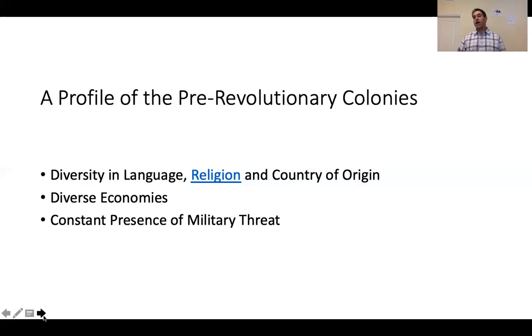It turns out that because of the linguistic diversity, it wasn't clear exactly what language the Constitution would be drafted in. There were large German pockets in Pennsylvania, for example, and so maybe in their wisdom, what the founders chose to do was to leave aside a question of the national language, deciding perhaps that in its diversity we didn't need to declare one.